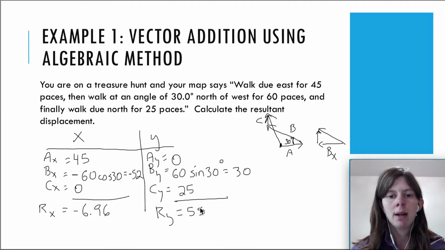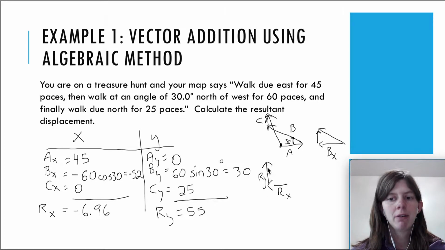Then step number 4 said now we can find r. Before I do this, I always like to draw my rx and my ry vectors on the side, not to scale, just to know which way it's going. Rx is negative, going to the left, and I draw it tip to tail with ry.